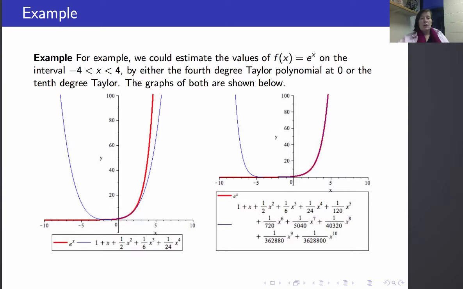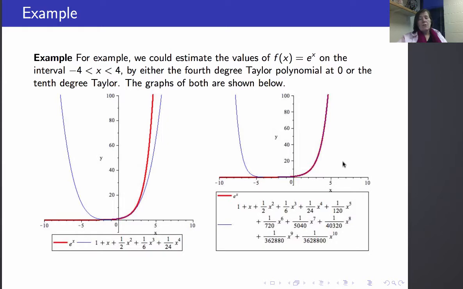And we see that its graph is a pretty good match for the graph of e to the x for values of x between minus 2 and 2. And on the right we have the 10th degree Taylor polynomial, and now we see that this is a pretty good match for the graph for values of x between minus 4 and 4, or even minus 5 to 5.